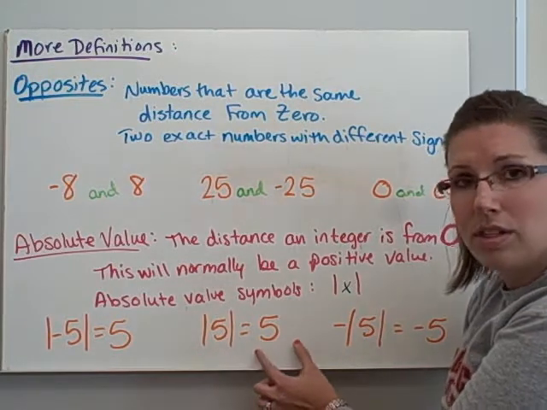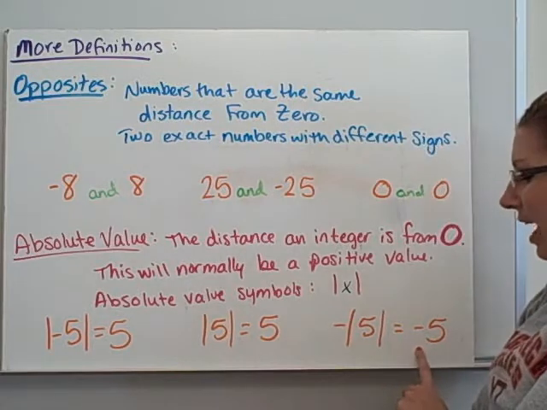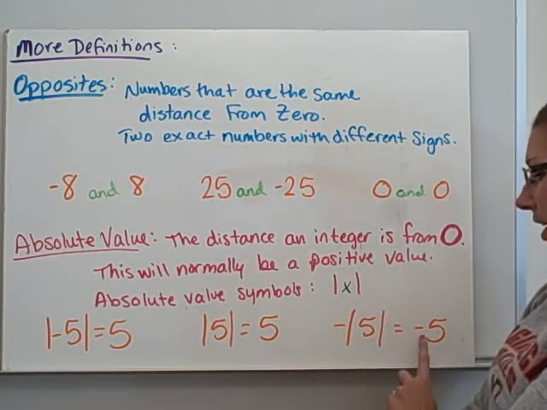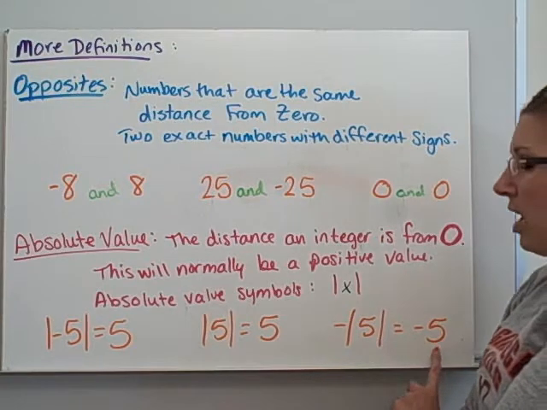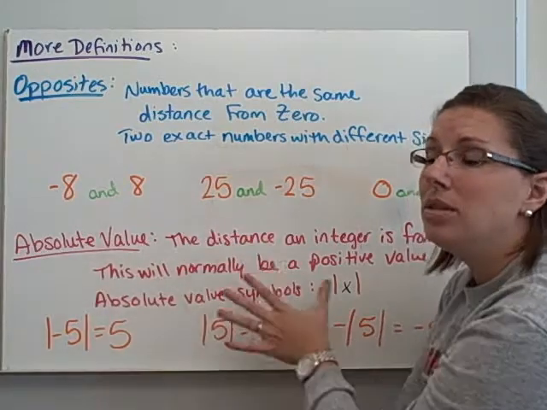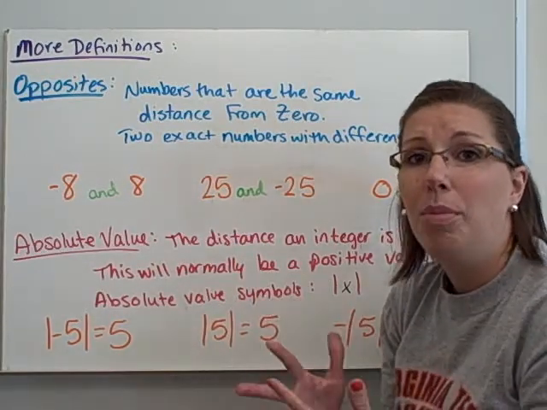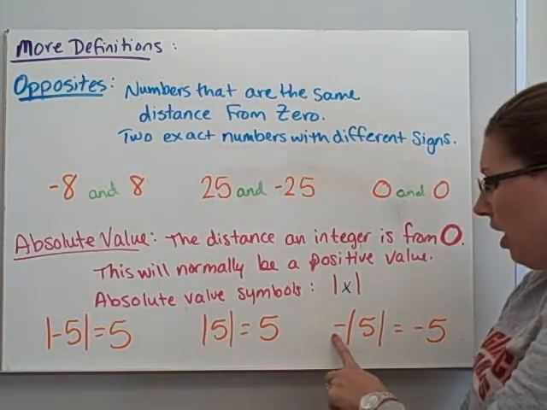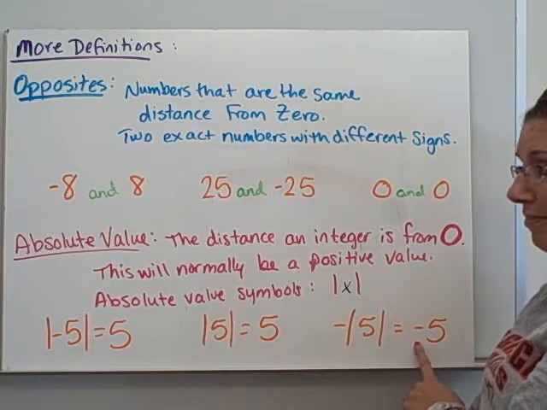It was 5. So what's the opposite of 5? -5. So the opposite of the absolute value of 5 is -5. When you have an absolute value problem, most of the time your answer will end in a positive number. Sometimes, and you have to watch out, your answer will be negative.